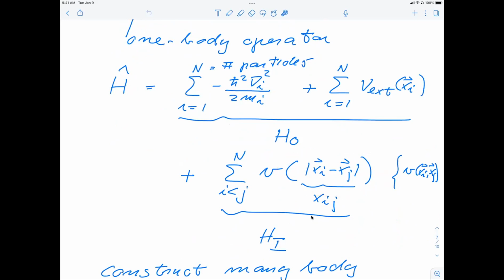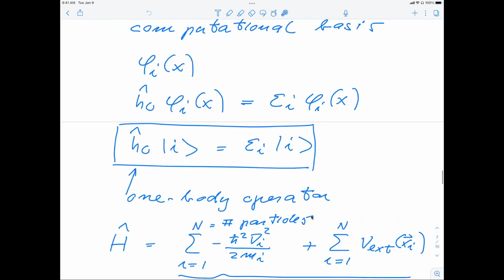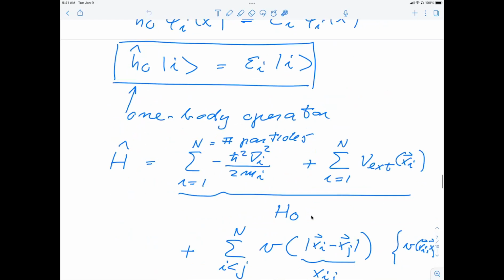So normally then, and this is the thing we are going to show today through examples, if you have a single particle basis which is an eigenbasis of this part of the Hamiltonian, then the many-body basis you construct is going to be an eigenbasis also of this many-body part of the Hamiltonian, which includes kinetic energy and the external potential.